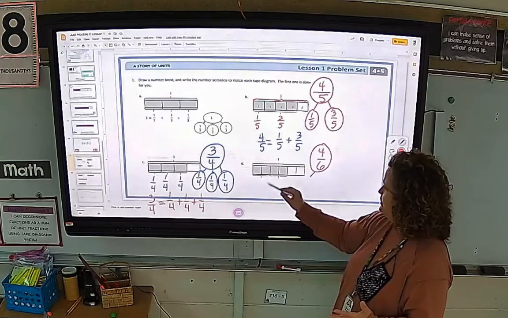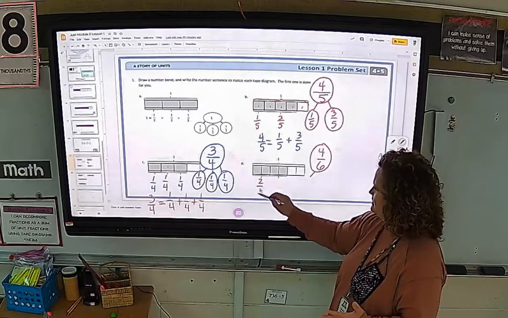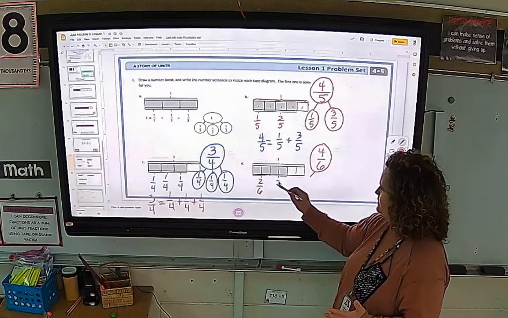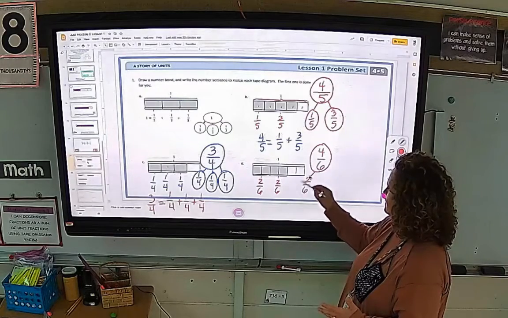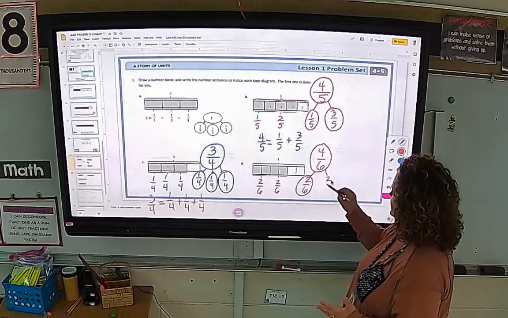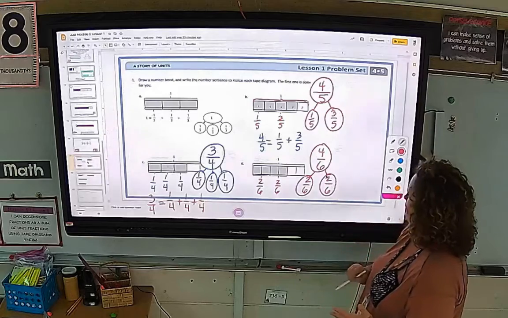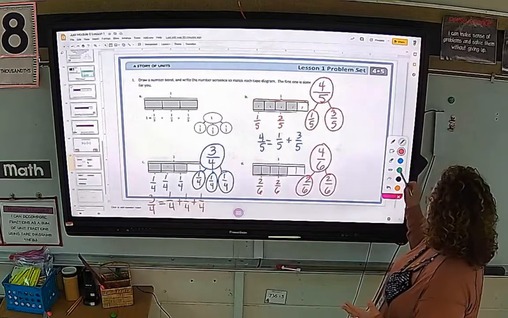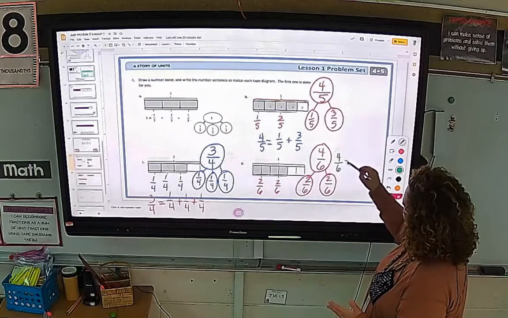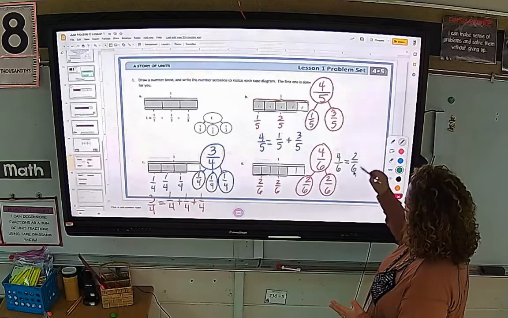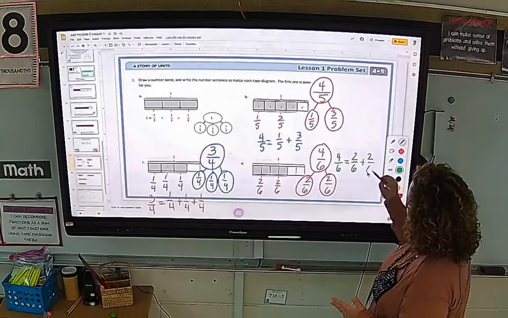Here we've got 1, 2, 2/6. Here we've got 1, 2, 2/6. So 2/6 plus 2/6. Our number sentence, 4/6 is equal to 2/6 plus 2/6.